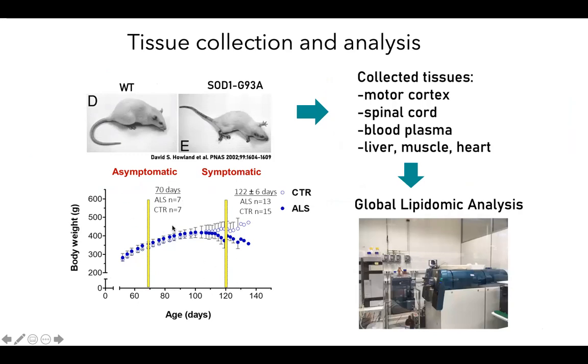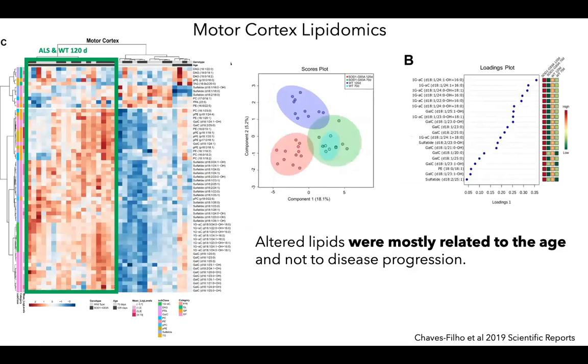So we have two groups, the asymptomatic group and the symptomatic group. We collected several tissues: motor cortex, spinal cord, blood plasma, liver, muscle, heart, and also the adipose tissue. And then we submitted these to global lipidomic analysis. I will show you very quickly the data in the motor cortex and the spinal cord.